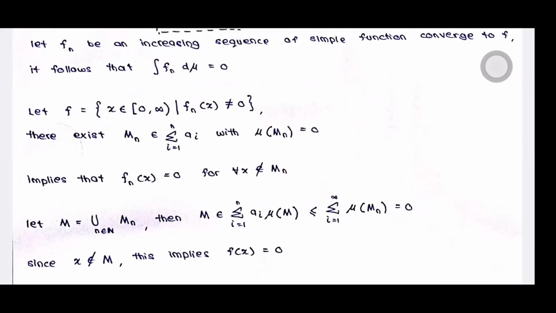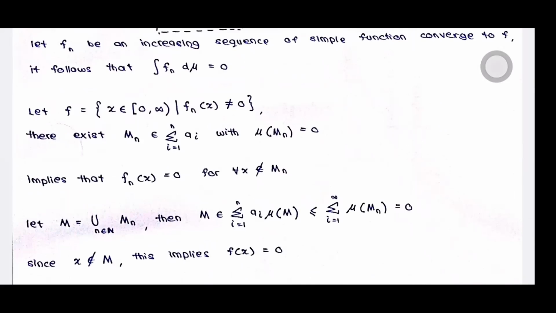Okay, let Mn equal the set of x in 0 to infinity such that fn(x) does not equal 0. There exists Mn contained in a summation of Ai with measure of Mn equal to 0. This implies that fn(x) equals 0 for all x not in Mn.